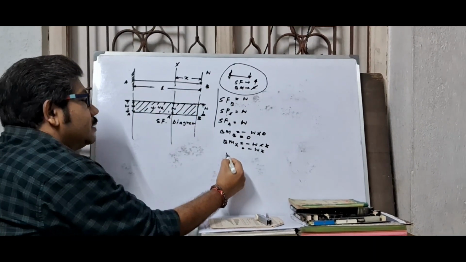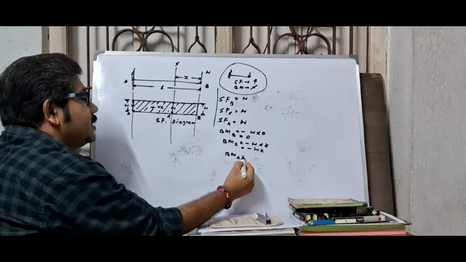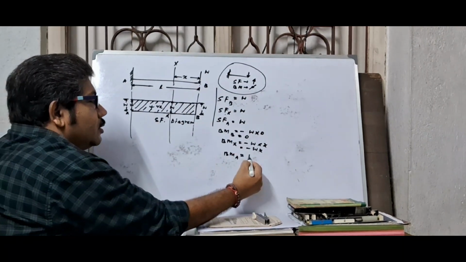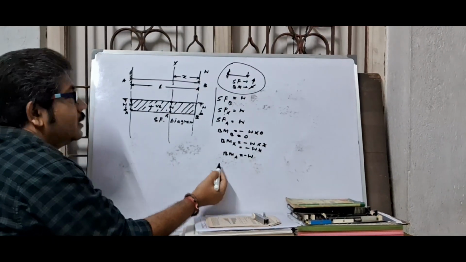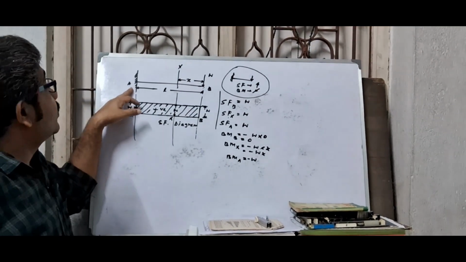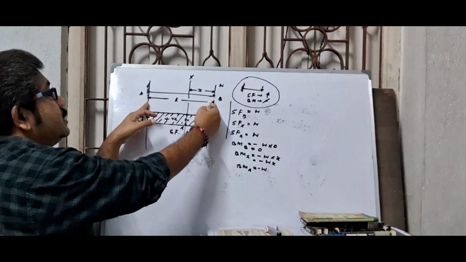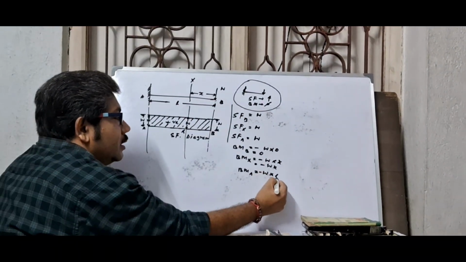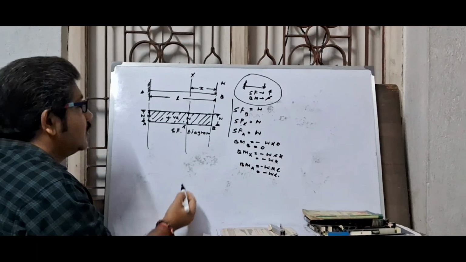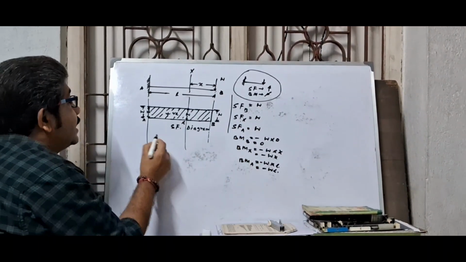Now bending moment at the fixed end: the force acting is W, and this is minus, and you are taking moment at point A. So the distance is L. So this is minus WL. And the diagram is negative.